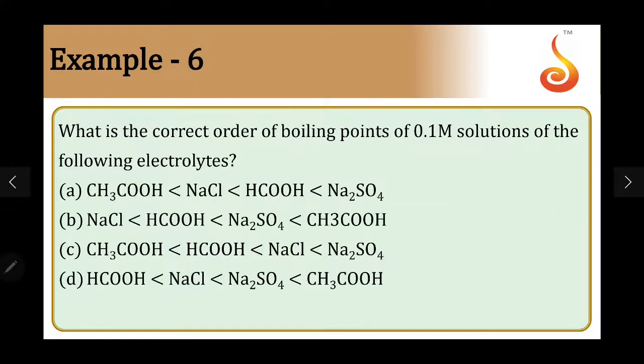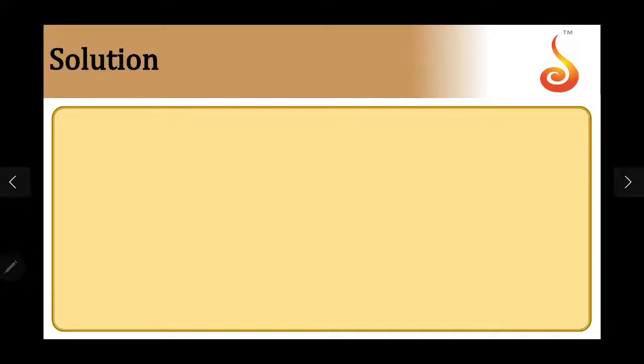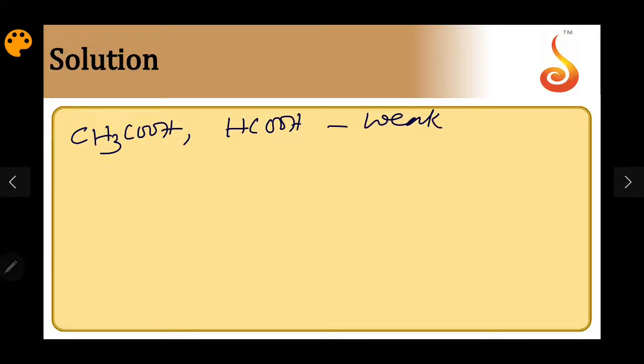Example 6. What is the correct order of boiling points of 0.1 molar solution of the following electrolytes? We have acetic acid, NaCl, formic acid and sodium sulfate. So we'll take the solution. So acetic acid and formic acid, these are weak acids or weak electrolytes.